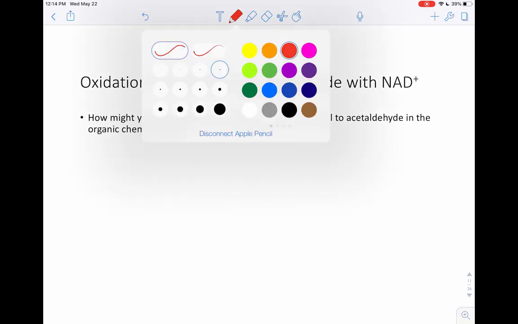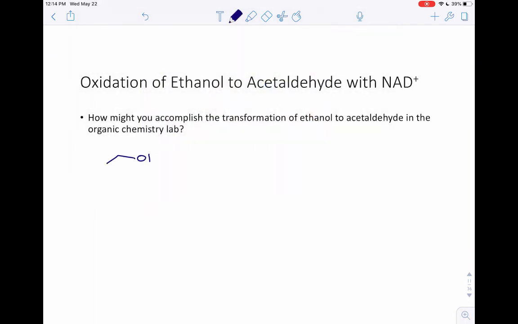So how might we in lab accomplish the oxidation of ethanol to acetaldehyde? What might we do? Well, we could use pyridinium chlorochromate in the presence of some sort of dry organic solvent like methylene chloride.